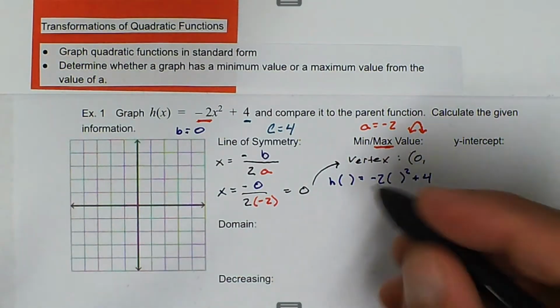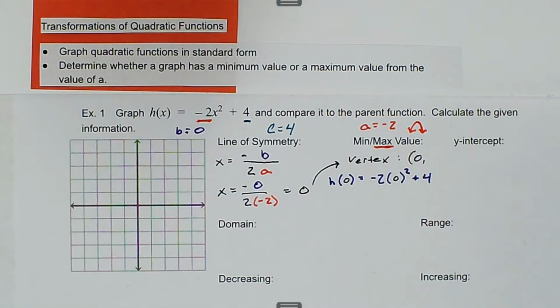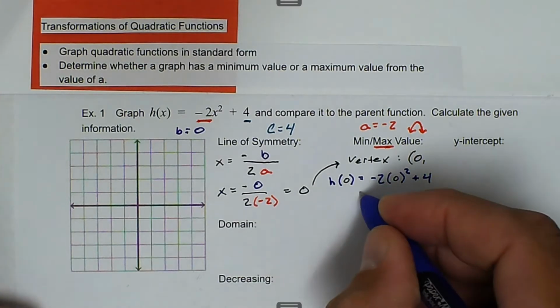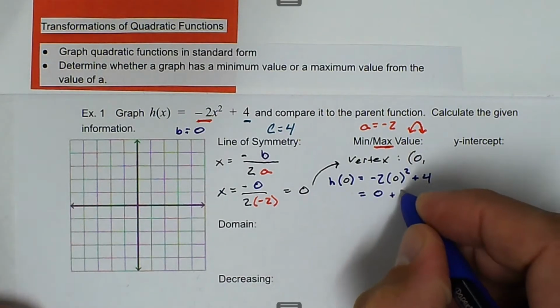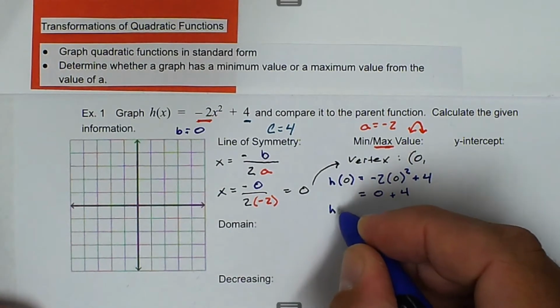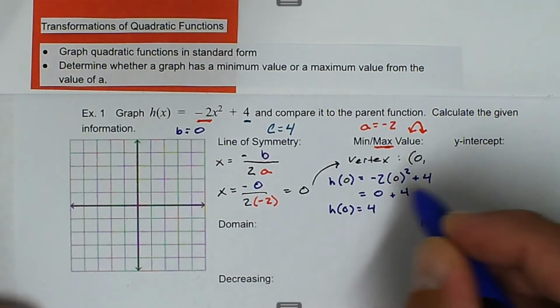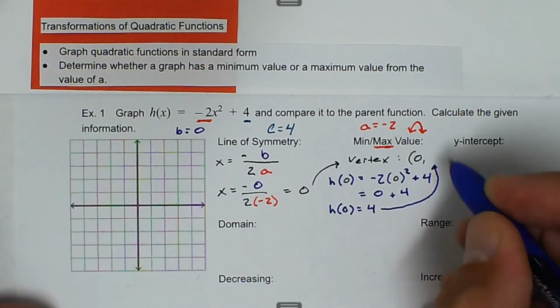So we're going to substitute 0 in and see what we get. 0 squared is 0 times -2 is 0 and plus 4. So then we get the function h evaluated at 0 is equal to 4. So that is our y value of the vertex.